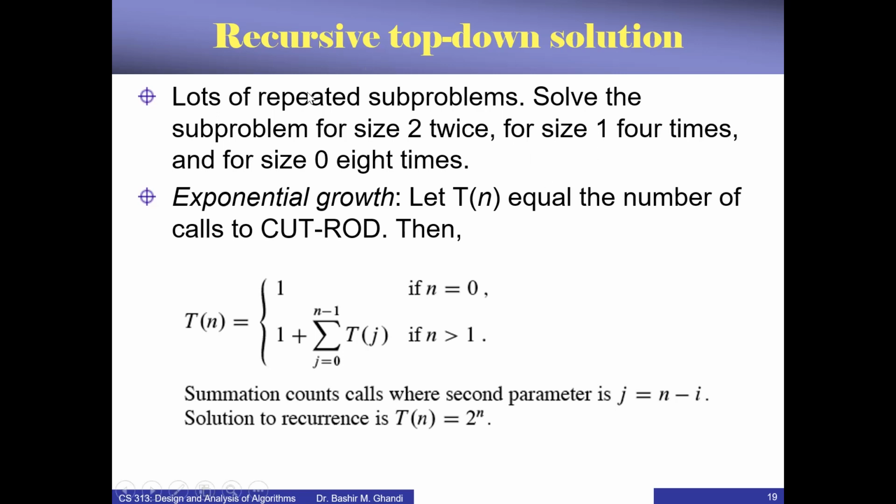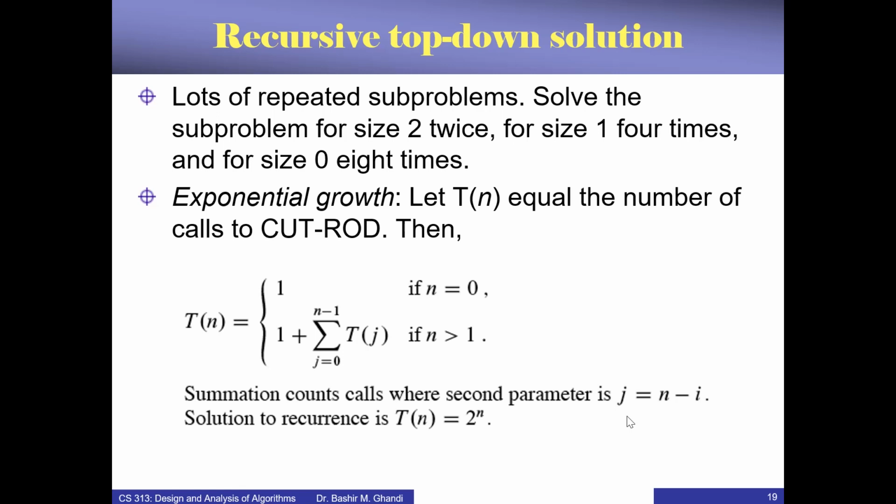This is the running time formula. If you try to compute it, you will see that you're going to get 2 to the power n. So we know we are going to get this anyway, but we did this as a step to solving it using DP. So that's what we're going to do next.